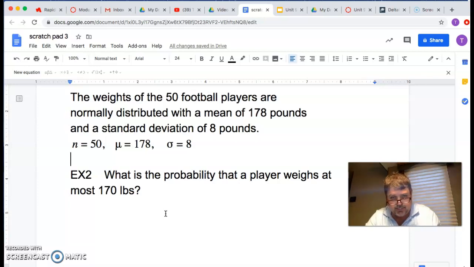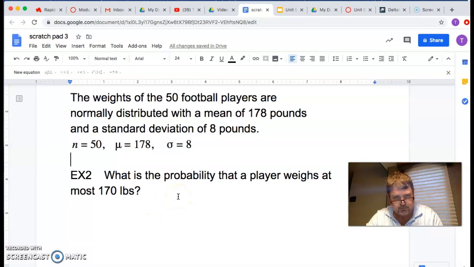Let's take a look at this 170 and how it's related to our mean. That's 8 units less than the mean, which means that's a full standard deviation to the left. Then we'll start looking at the words "at most." Well, that's everything less than 170, up to 170. Can't go over, can't even be 170, right? Well, you could be 170.